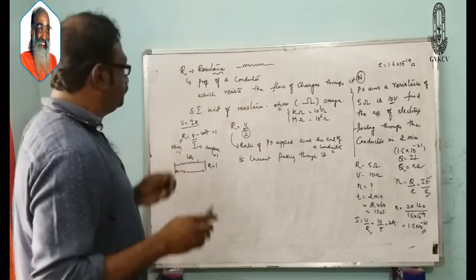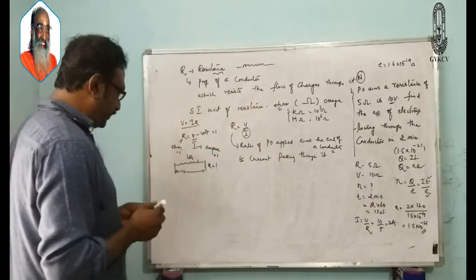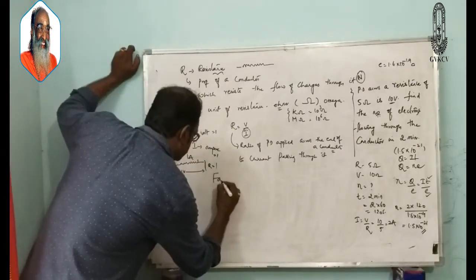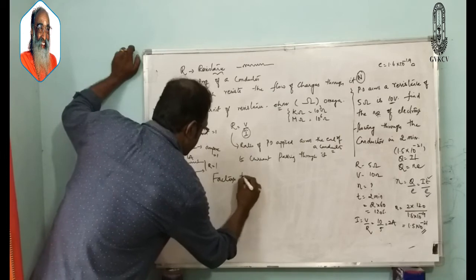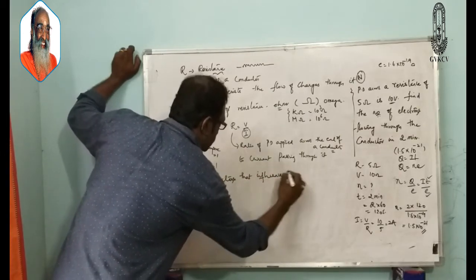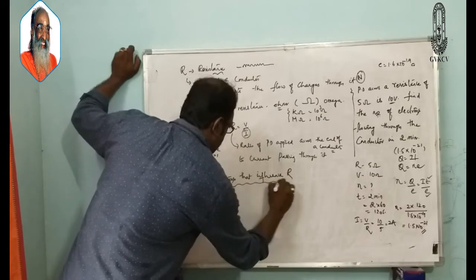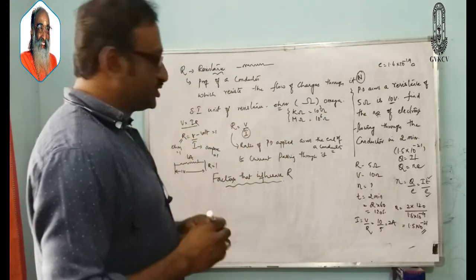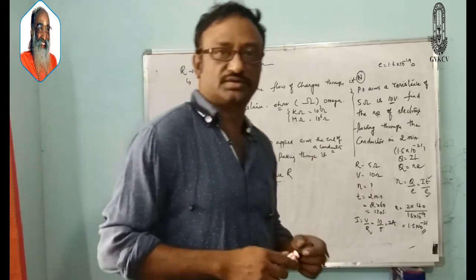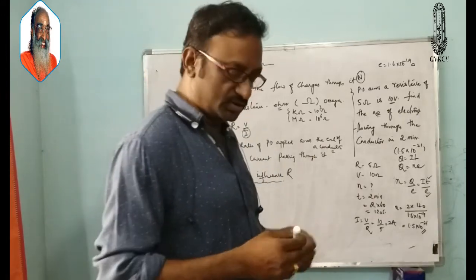Okay, now after understanding that numerical, let us talk about the factors that affect or influence resistance. This is an important question in your 10th class. What are the factors influencing R, resistance?